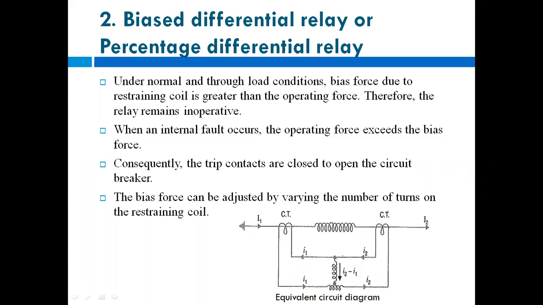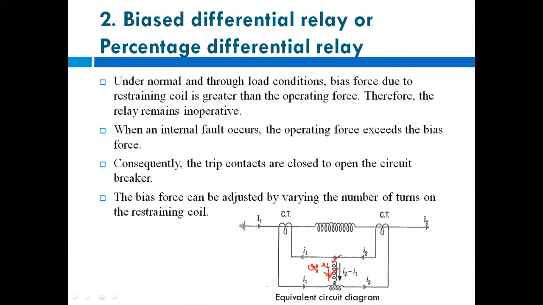This is your operating coil, and through this operating coil the difference of these two currents will flow. Means if I2 is incoming, positive, then I1 is outgoing, therefore negative. So I2 minus I1 will be the final current flowing through this operating coil.